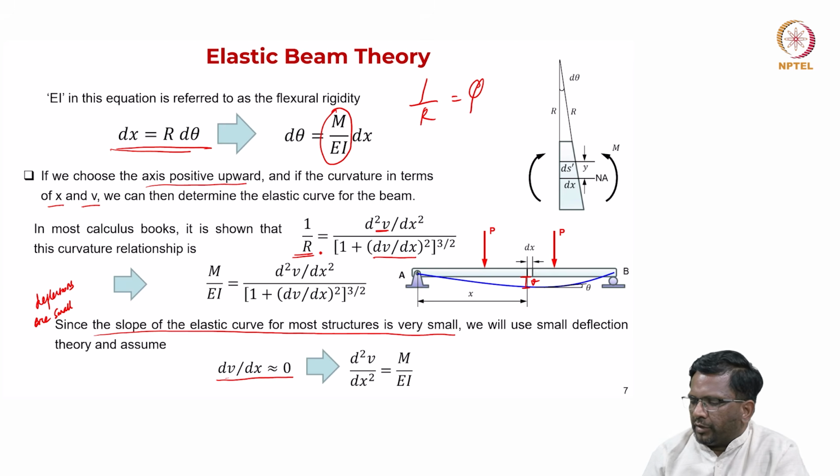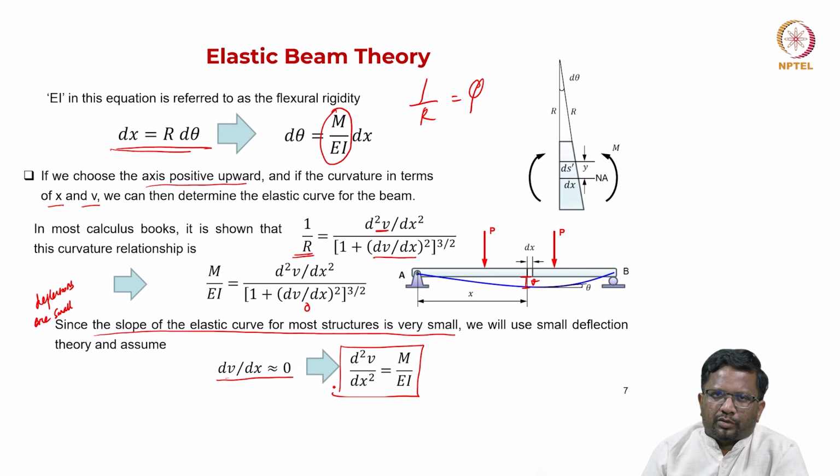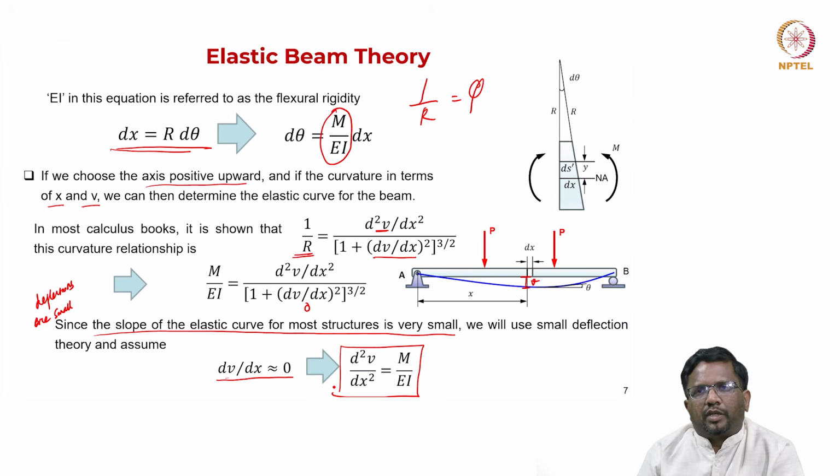Then this term will become 0, the denominator will become 1, and now we can simplify M by EI, or curvature, as just the second derivative of the deflection with respect to x, d square v by dx square. It is a very simple expression for relating the deflection and the curvature.